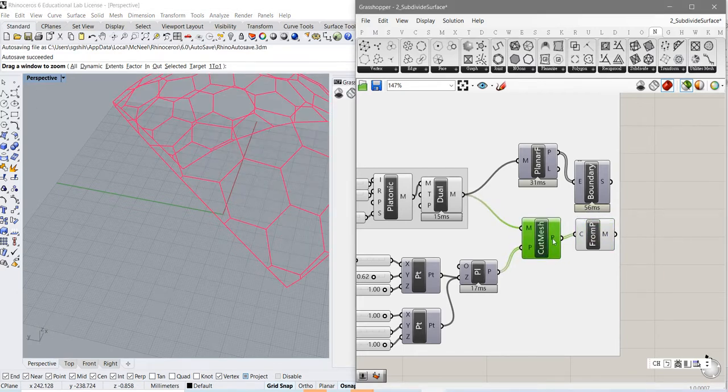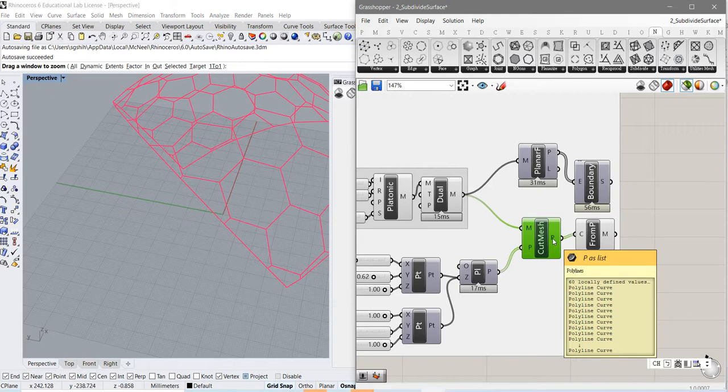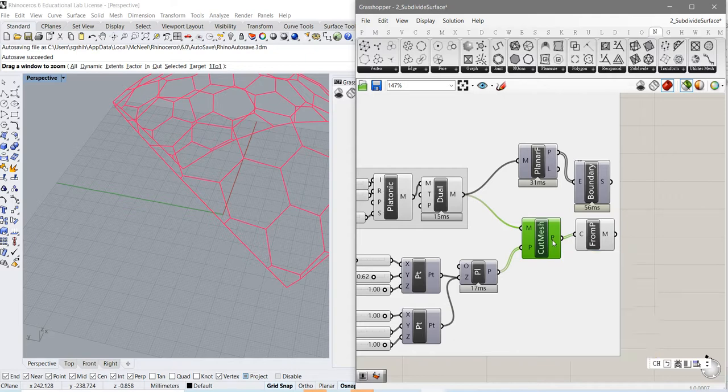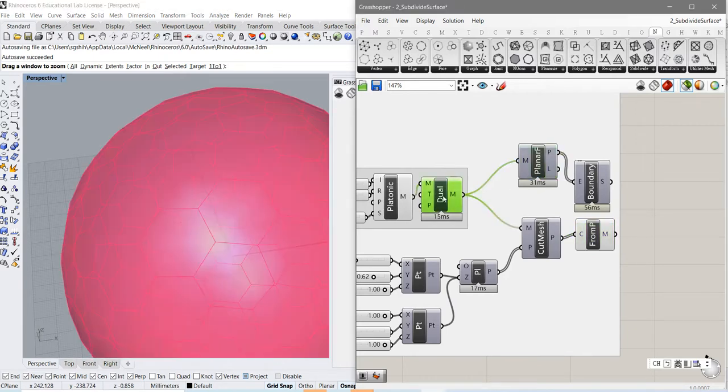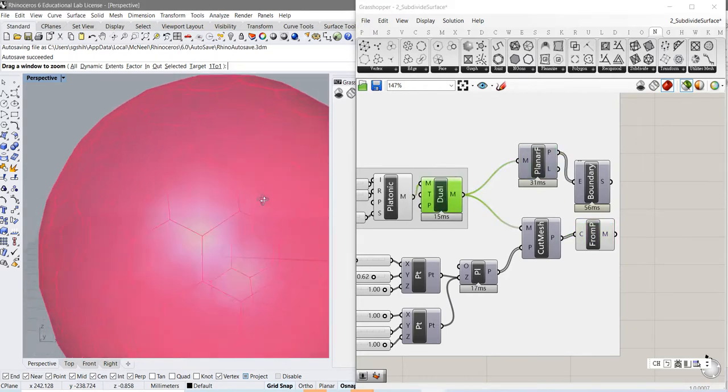Okay, and the result, you have a mesh and then you cut it, and then it gives you a set of polylines. But in NGons, polyline, enclosed polyline and mesh are convertible. Then you can use this from polyline to convert them into a mesh. Okay. And for example, this one, we have this dual.